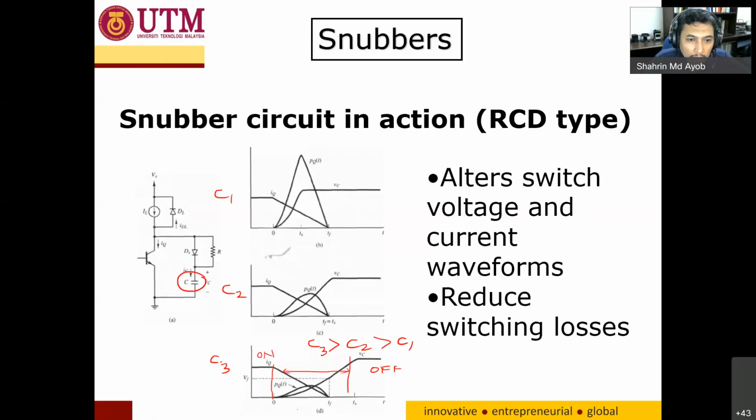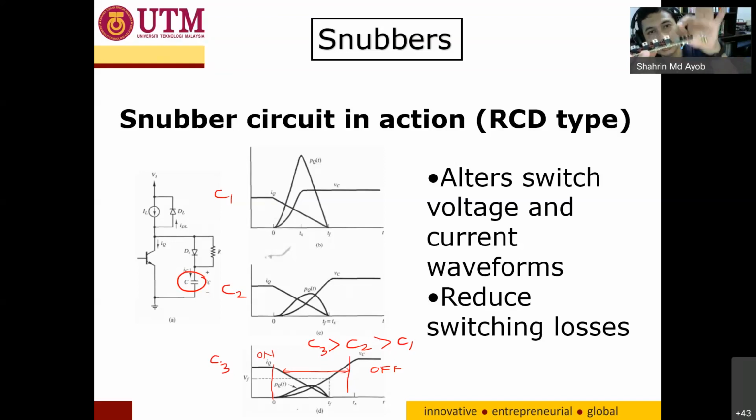But right now, modern IGBTs and MOSFETs have the snubber circuit integrated inside their transistors. I don't have one with me right now. We have actually a module. Like this one is a single transistor, so it will not have a snubber circuit.